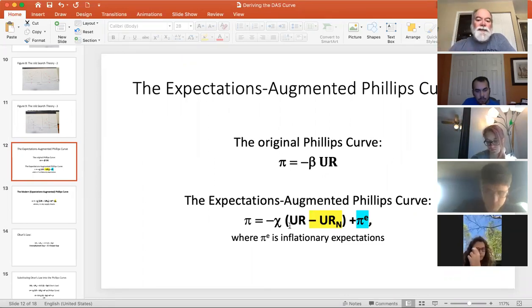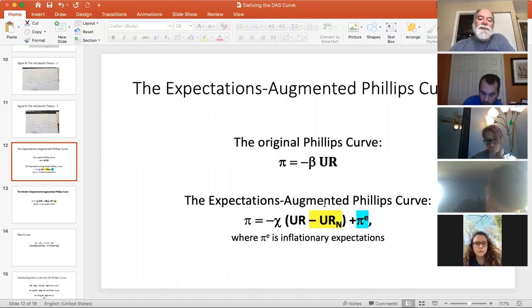The first thing that it looks at is, instead of just the plain unemployment rate, the unemployment gap, the difference between the actual unemployment rate and the natural rate of unemployment. So what the expectations-augmented theory says is it's the difference in the unemployment rates, the unemployment gap, which is actually going to cause prices to rise.